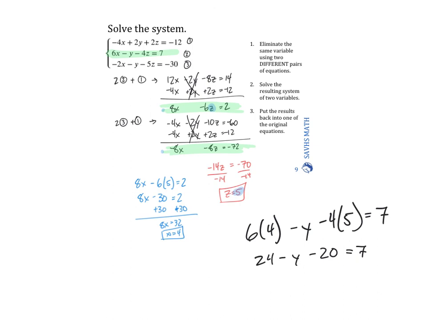Okay, so then 24 minus 20 is 4, so 4 minus y equals 7. Subtract 4, I get negative y equals 3, so y is negative 3. Okay, my answer is the point 4, negative 3, 5.